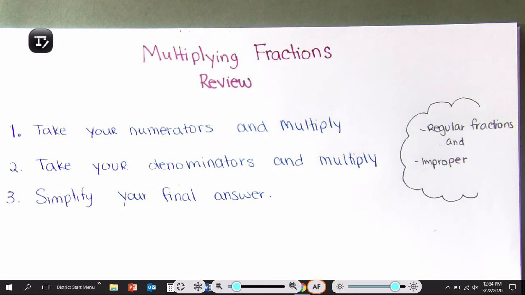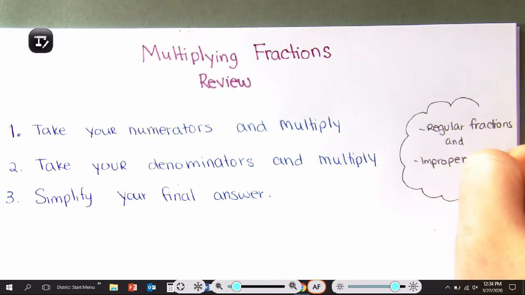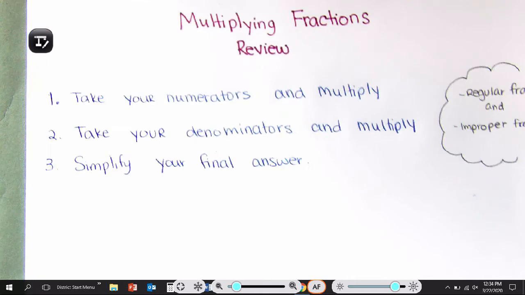If you have a mixed number, what I would recommend is to convert it to an improper fraction and then go from there, but I'll make a separate video on that. Improper fractions, there's nothing wrong with those. It just means that the numerator is larger in value than the denominator. That's all that means.